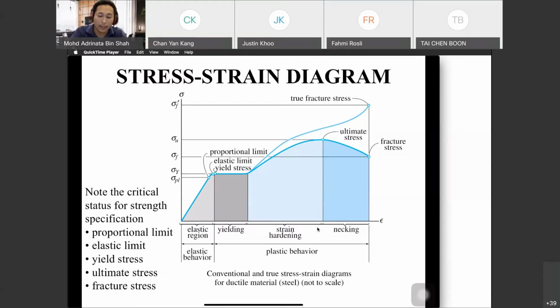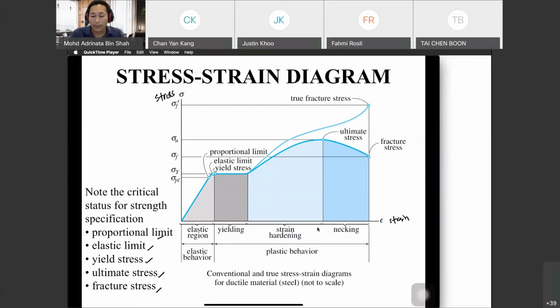Looking at the y-axis, we have the stress. Note the critical stress for strength specification, which is proportional limit, elastic limit, yield stress, ultimate stress, fracture stress.